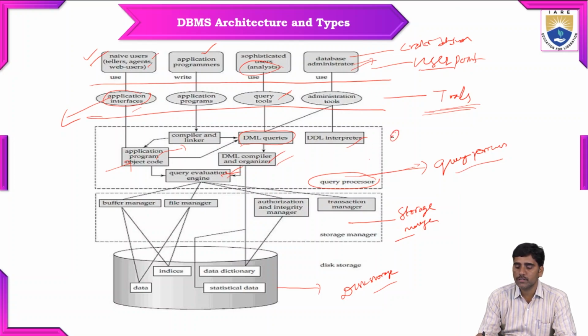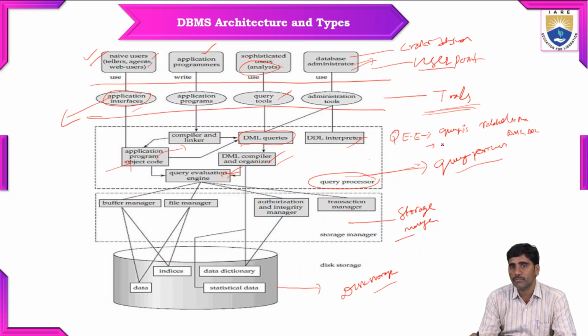The query evaluation engine evaluates the queries: whether the query is related to DML or DDL, whether the query is valid or not, and whether the query has valid input or not.